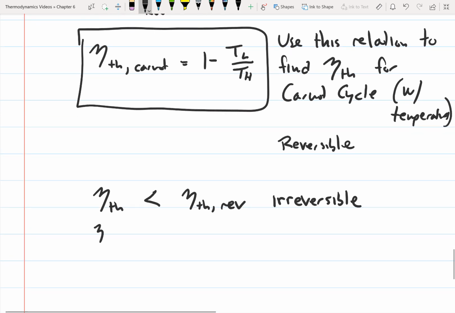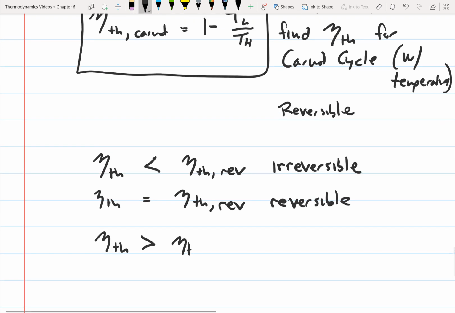If our thermal efficiency is equal to the thermal efficiency of the Carnot cycle, we know that our cycle is ideal or reversible. And if our thermal efficiency is greater than the reversible thermal efficiency, we know that this is impossible. So you can't have an efficiency higher than a reversible heat engine efficiency, or higher than a Carnot heat engine.